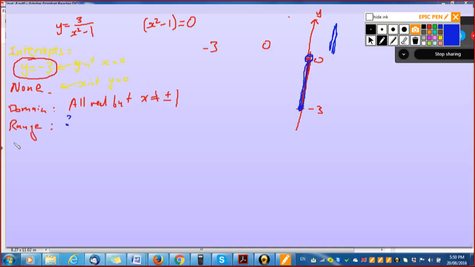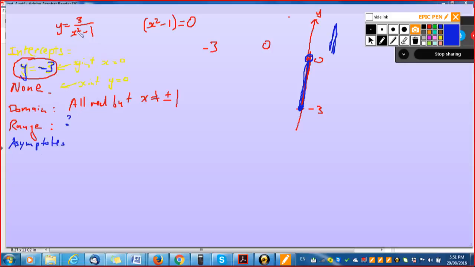What else is there? There are the asymptotes, right? Asymptotes.